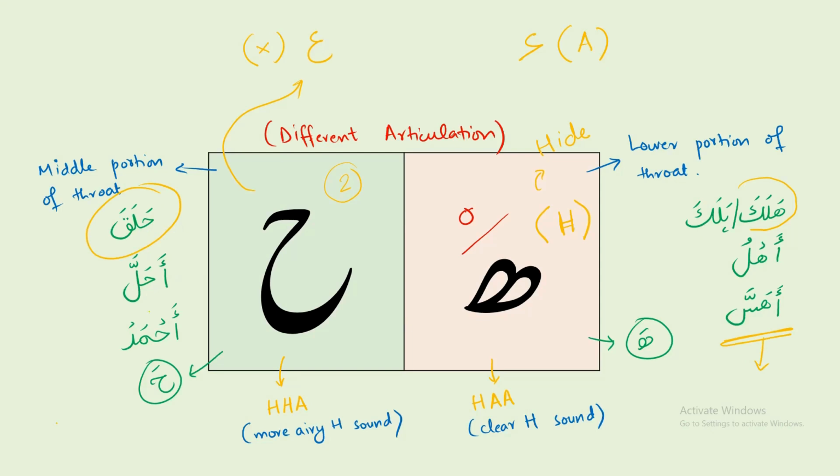For the second, let's take the example of this word here, which is Ahmad, Ahmad, like this, right? So the first one here is ha, and the second one here is ha, ha. Okay, for the second one, what we are doing is we are pushing the air out of our throat, and that is how we create a difference in these two sounds.